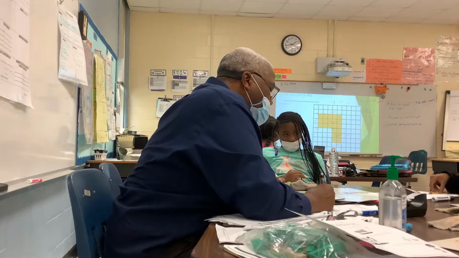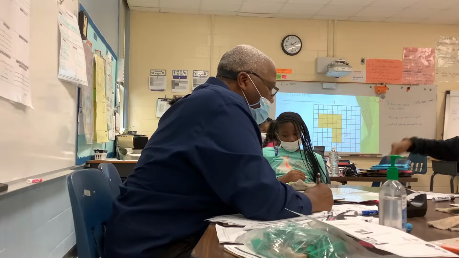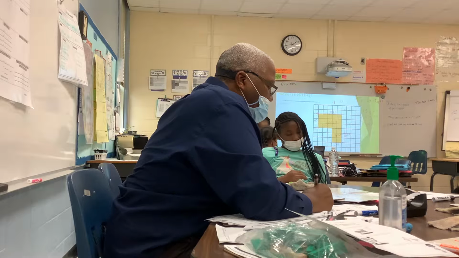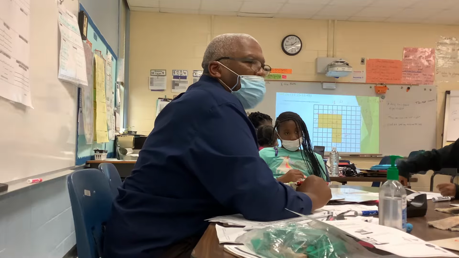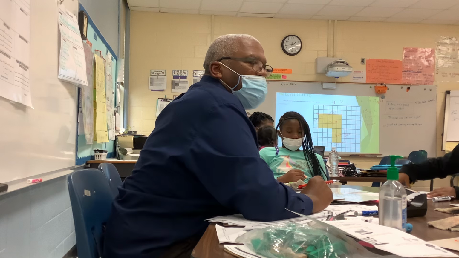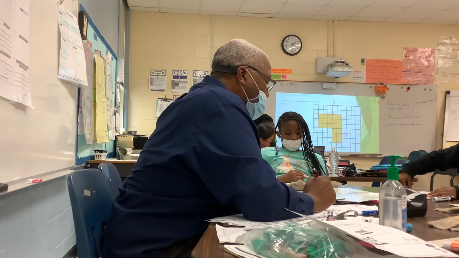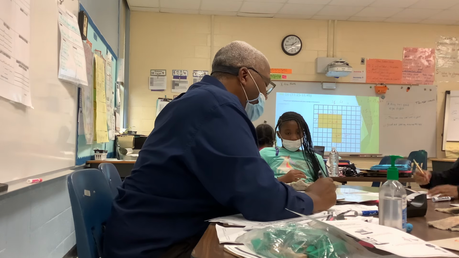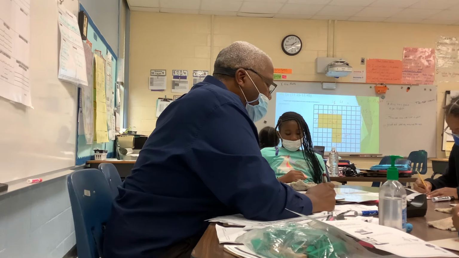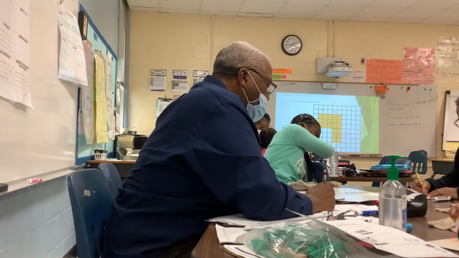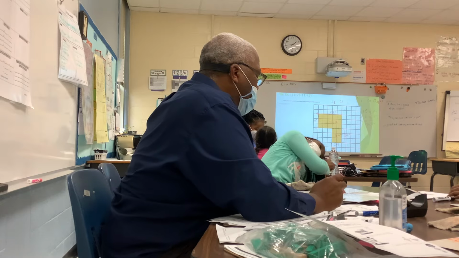You can't take away 3 from 4. He said 53, take away 24. That is correct. You can't take away 4 from 3, so you gotta regroup.